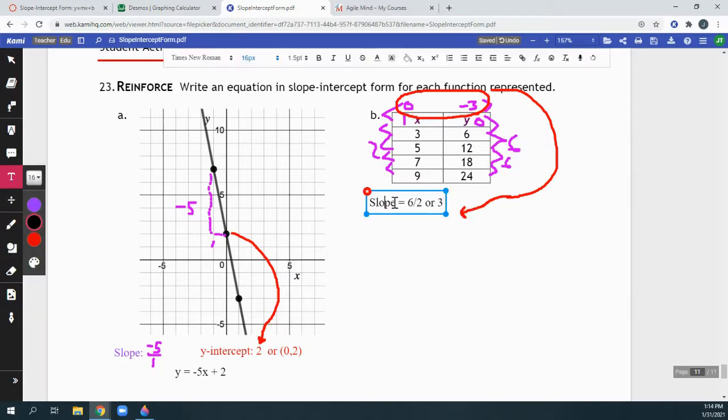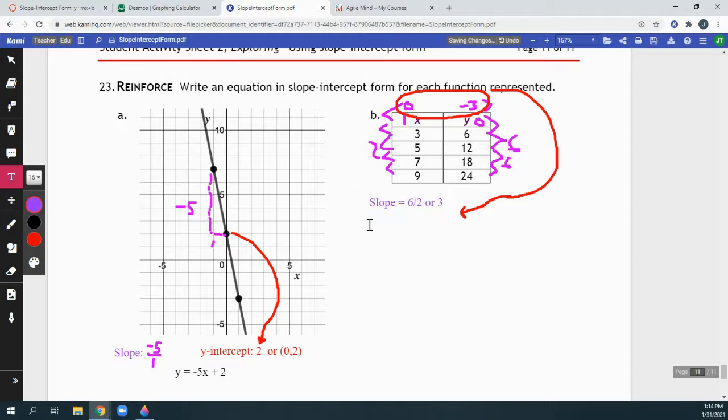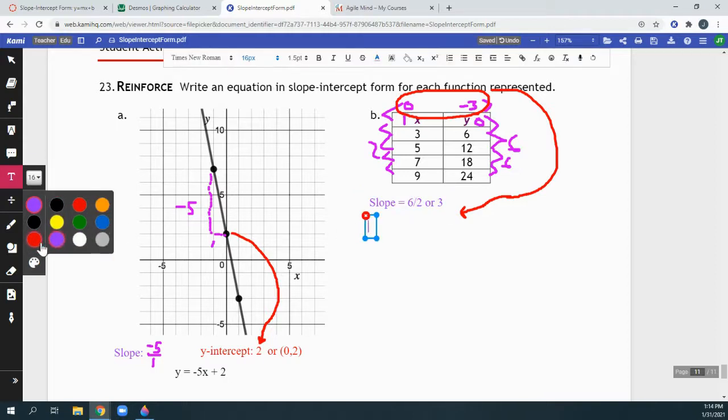Now we're going back to text. I'm going to make you back to purple because that's what we're using. And then, oops, no, not yet. And that's intercept. -3.